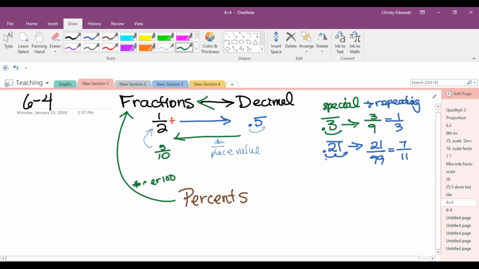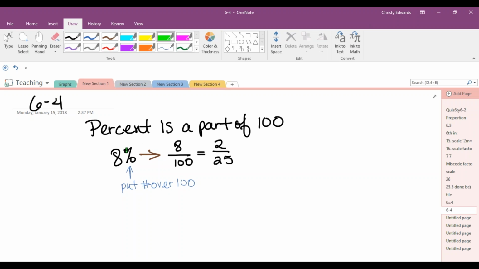When you see a percent symbol, I want you to say to yourself, self, that's the same as saying 8 is part of 100, or 8 is over 100, right? Does that seem easy enough? If you're trying to change a percent to a fraction, you put it over 100 and reduce it.